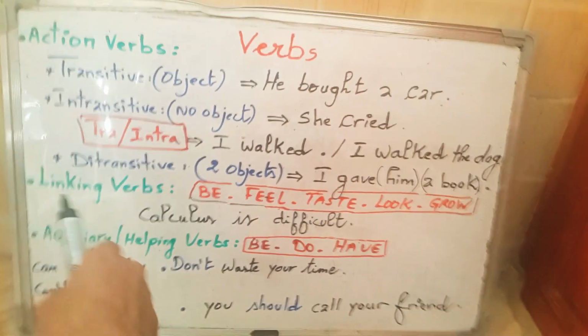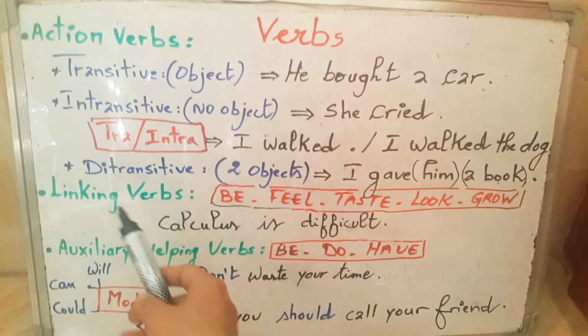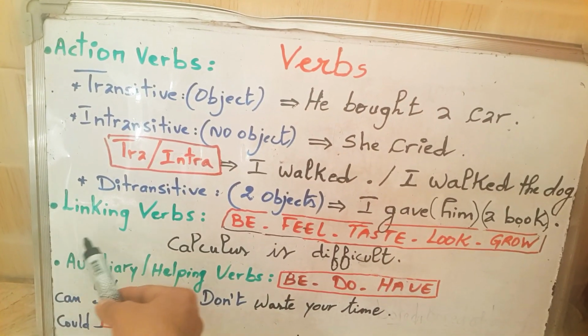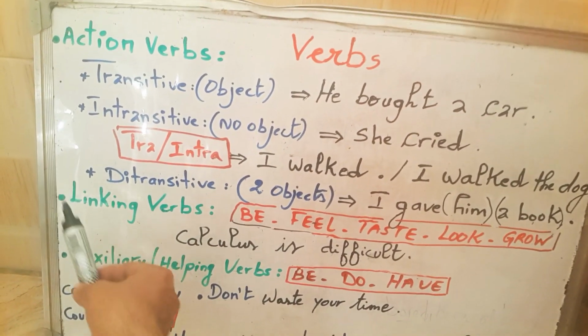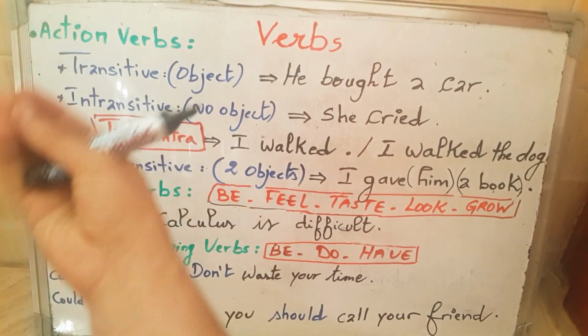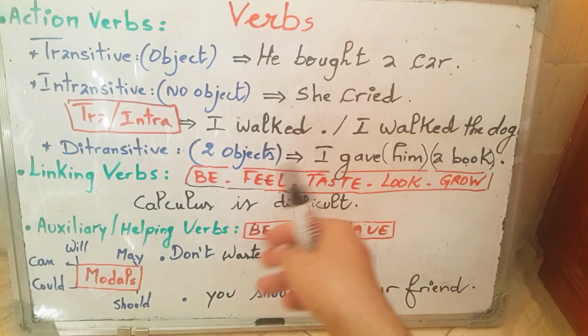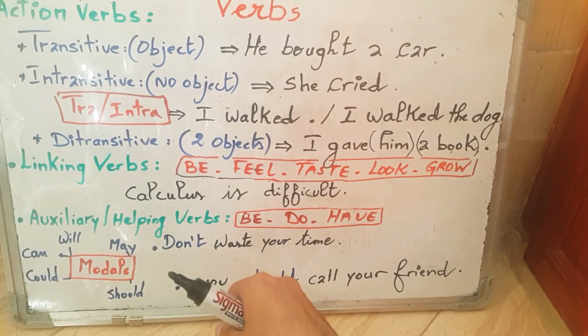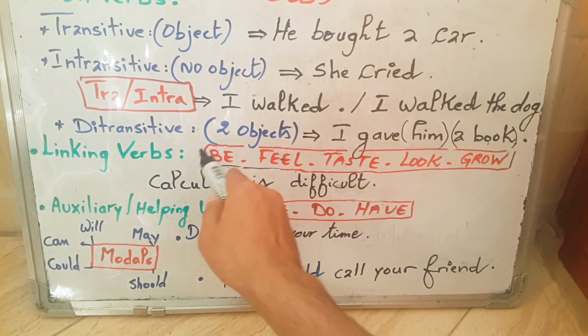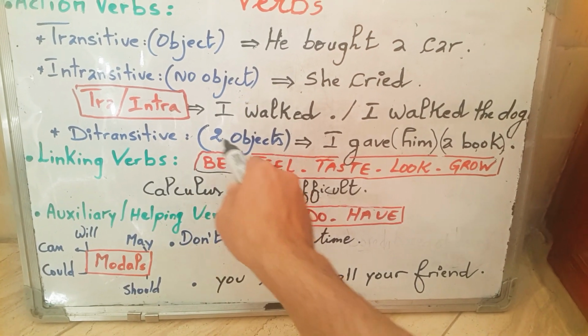And the second category is linking verb. As the word suggests, link, these verbs link or connect the subject and the noun or the adjective, which is called the subject complement. And the most common linking verb in English is the verb be.